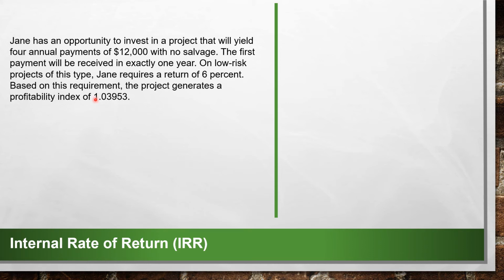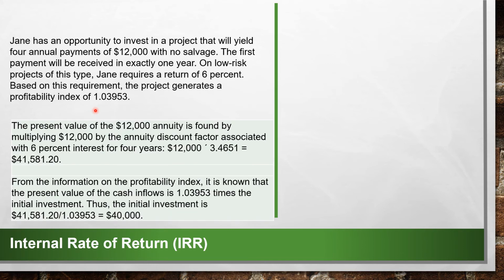So what are the given here? We have the period for the annual payments, the annuity, 12,000. This is the cash flows. We have the 6% required return and the profitability index of 1.03953.